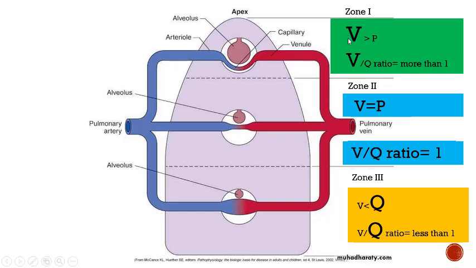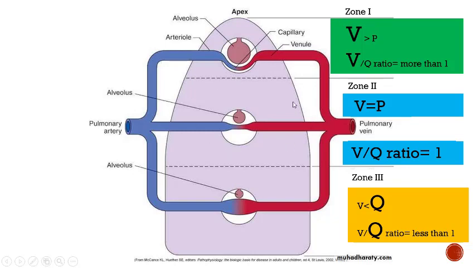So your ventilation is much greater than your perfusion, and your VQ ratio is going to be more than 1. I try to show this by making the V very large compared to the Q. So at the apex of the lungs, you have a VQ ratio of more than 1 because you have all this ventilation, not very much perfusion. This is considered zone 1 of the lungs at the apex.